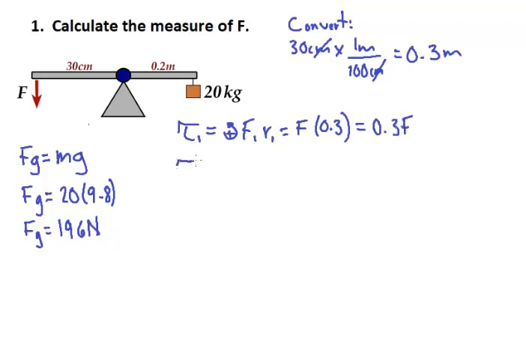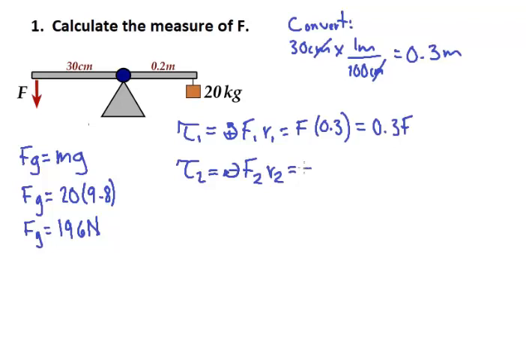Then the second torque. Second torque will be the one generated by gravitational force. Gravitational force pulls down. So if I follow that trajectory around the fulcrum, I can tell that this will create a negative torque. So I have a negative torque in here. Torque in this case is force 2 times lever arm 2.